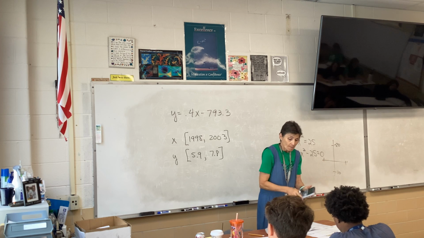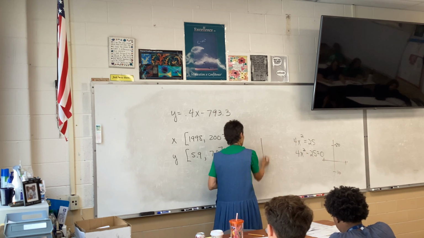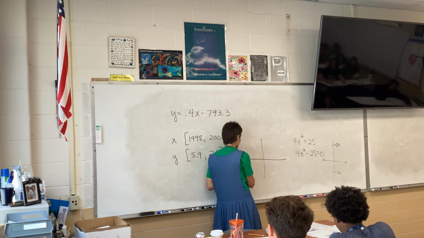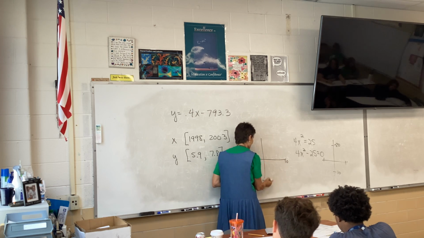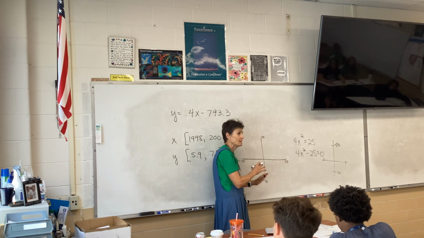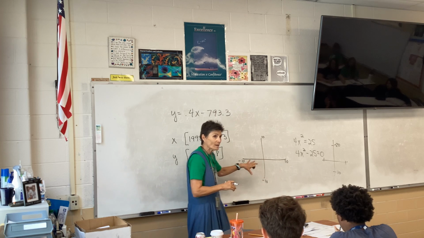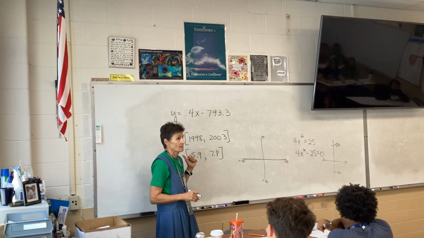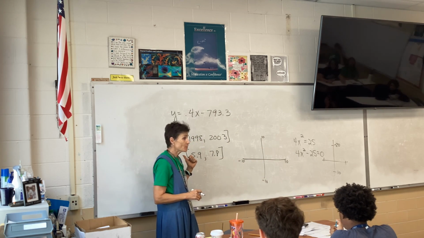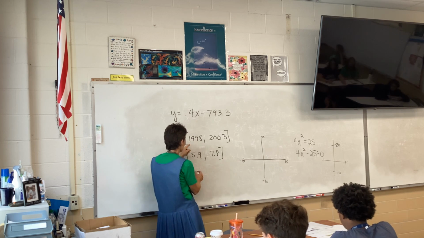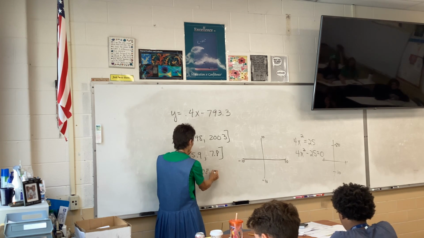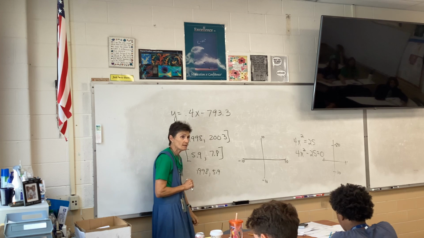My calculator standard window is -10 to 10 and -10 to 10. Is that window going to work for these points? No. Can you plot the point 1998, 5.9 on that grid?